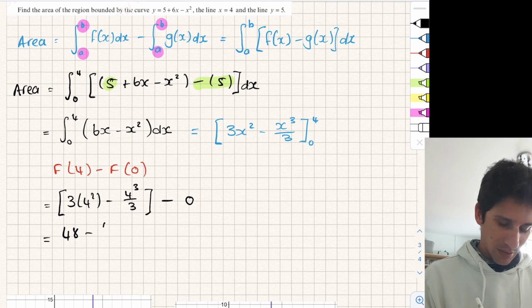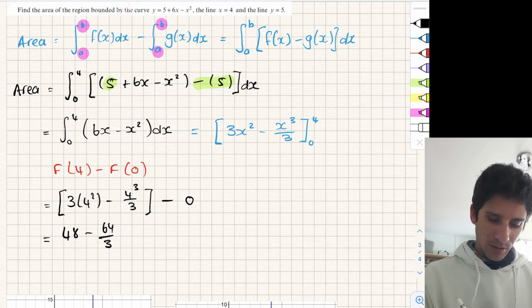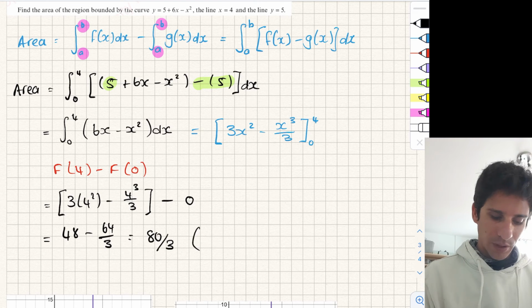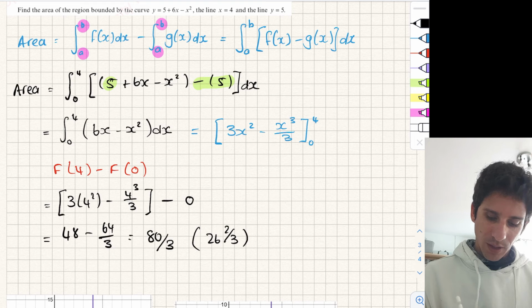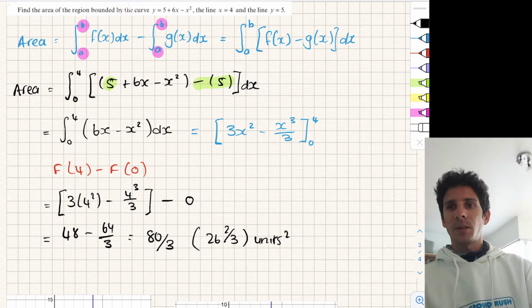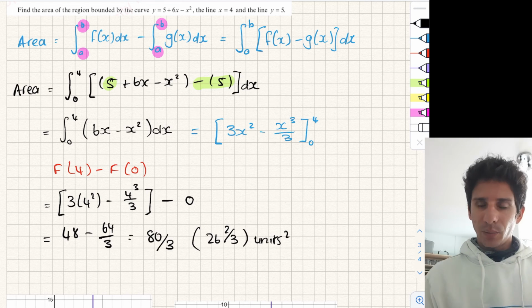This is going to be take away 64 over 3, and that will give us 80 over 3, or we can write that as a simplified fraction like that. And remember, this is units squared because we're talking about area. Okay, so there we have found the area.